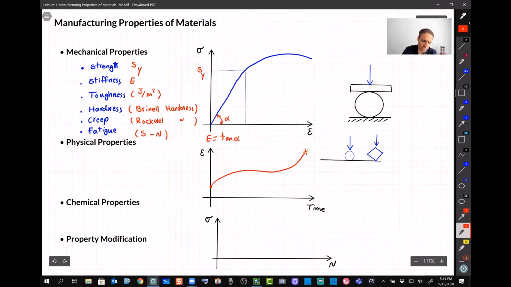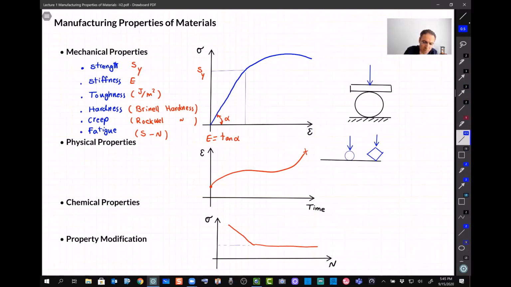We keep doing it until we get a graph like this, which is called the SN graph. And from this graph, people can measure something we call the endurance limit.